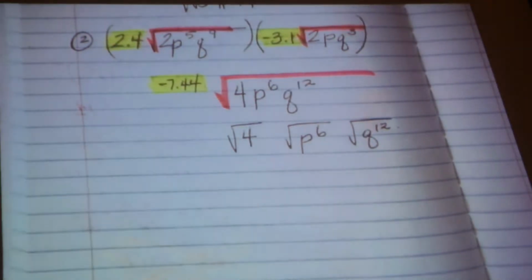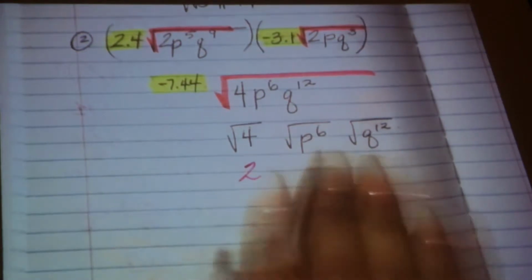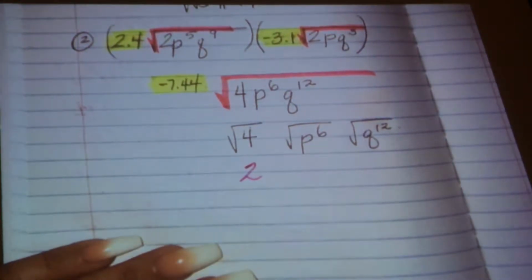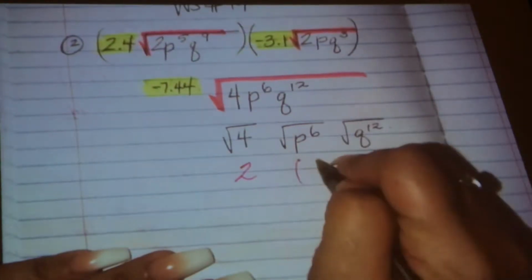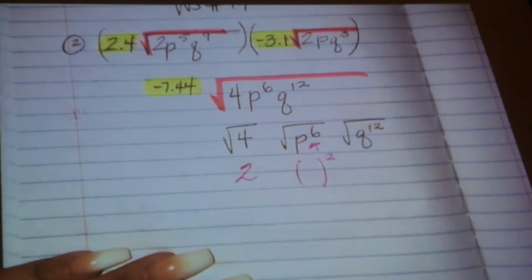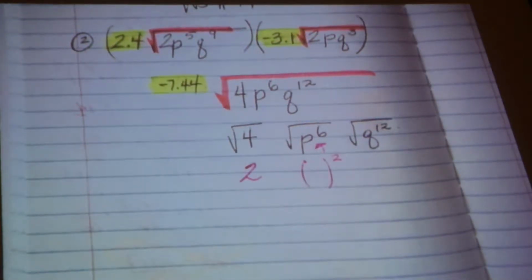Well, you know what the square root of 4 is. It's just 2. And this is the part a lot of you had questions about. What value, when I square it, do I get p to the 6th? Let's try it in pencil.